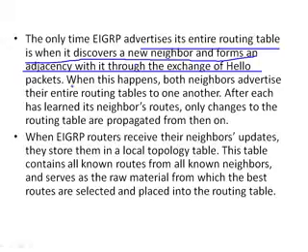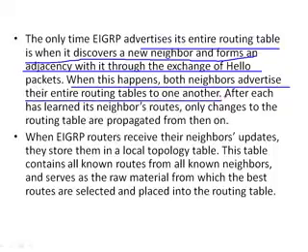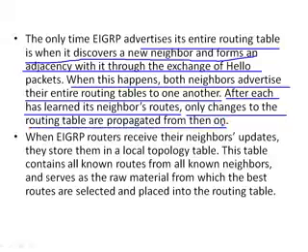When this happens, both neighbors advertise their entire routing table to one another. After each has learned its neighbor's routes, only the changes in the topology will be propagated. Every time it exchanges some information with its neighbor, it does not send the entire routing table because it's very much bandwidth conscious.